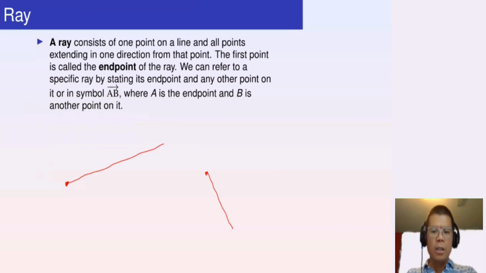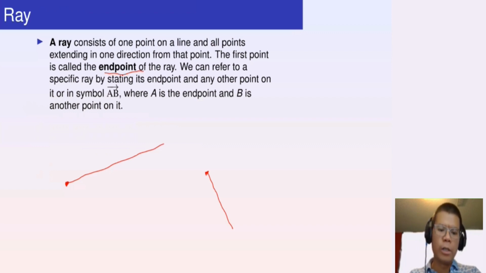Now, the first point, the endpoint, is called the endpoint of the ray, and we refer to a specific ray by stating its endpoint and any other point on it.